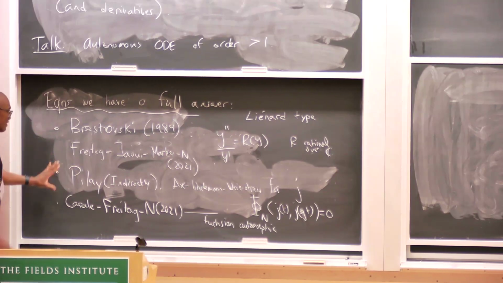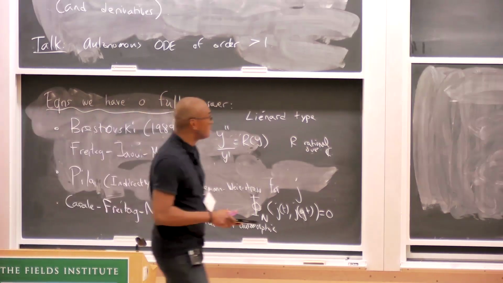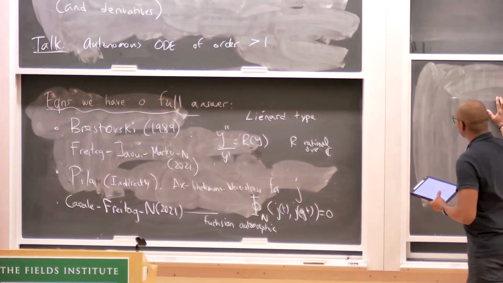Except for the Pila result, which uses o-minimality, all the others use the model theory of differential fields. And so today what I'm going to present is yet another example of an interesting differential equation for which we are able to give a full classification. I'll explain the techniques that we use, and many of them are part of the proof for these equations itself. So let me go ahead and state our theorem.